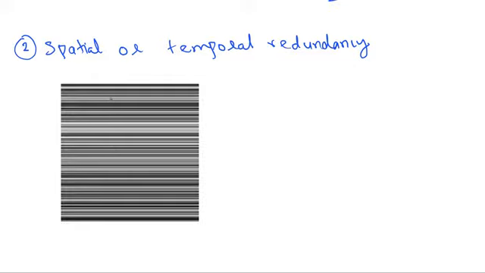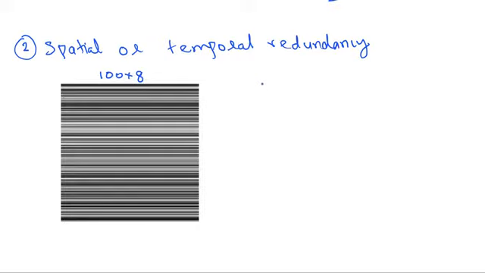And this is applicable for all lines that you can see in this image. So imagine that if I have, let's say, 100 pixels horizontally, and I am using 8 bits to store each of those pixels, then I will be consuming around 100 into 8, 800 bits to store a single line.